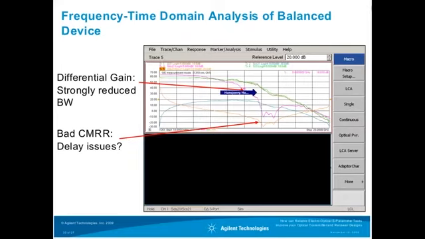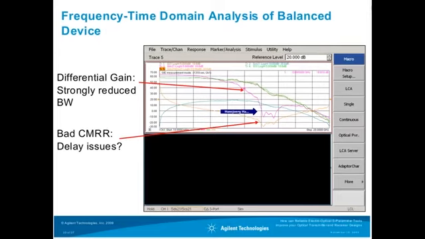But if we now look at the differential response, then we see a strong reduction in the overall bandwidth and a breakdown of the transmission characteristic. And you can wonder where this comes from.